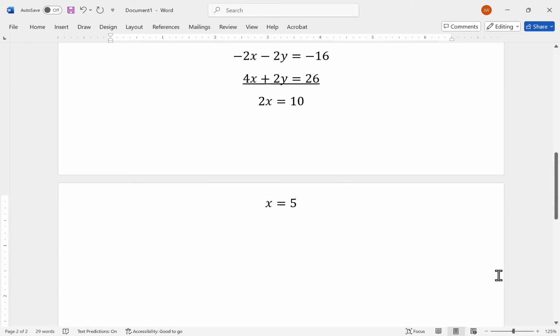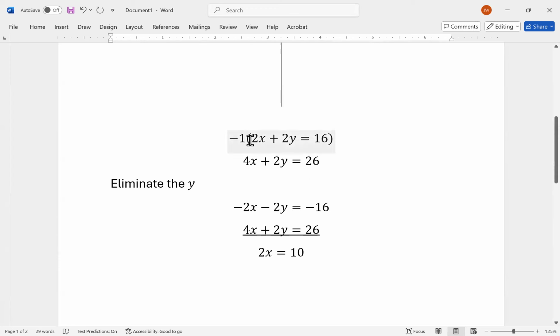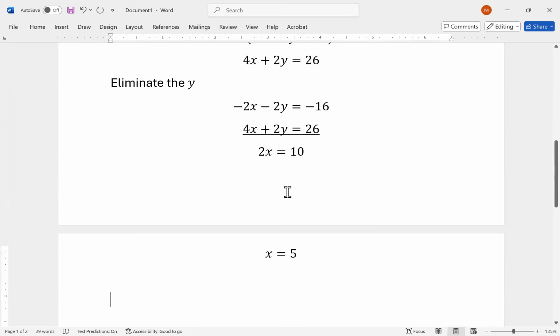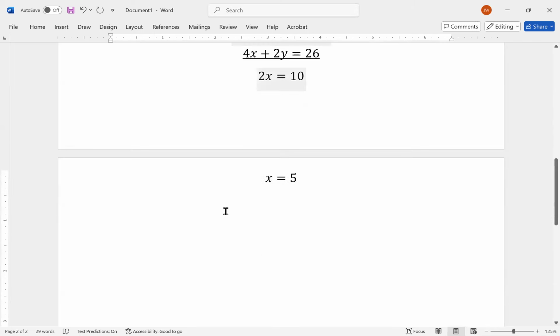Once I know the x value, I can plug that back into either of those. I'll plug it into 4x plus 2y equals 26. You could also plug it into 2x plus 2y equals 16.